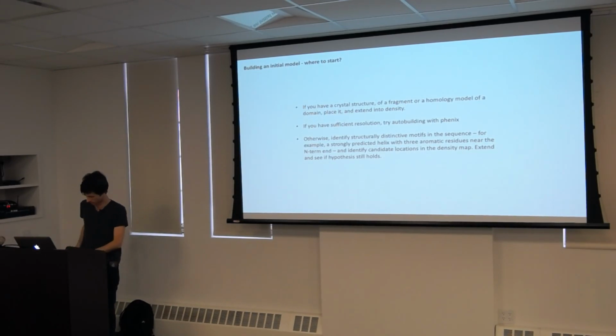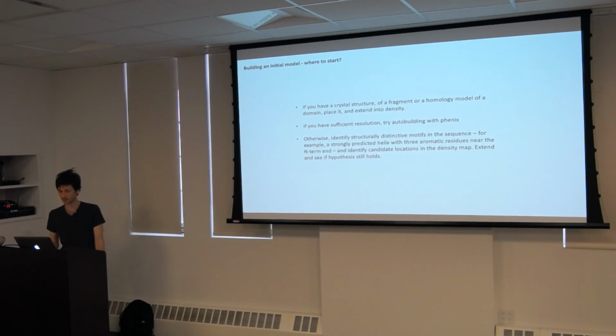Okay. All right. So where to start with building an initial model? Obviously, if you have a crystal structure of anything, even if it's a small fragment of the entire assembly, that's your best place to start. Find out where that goes, and that gets you a starting point that you can extend from.